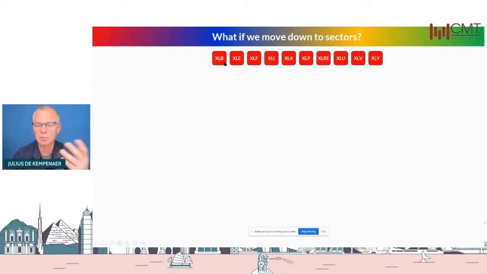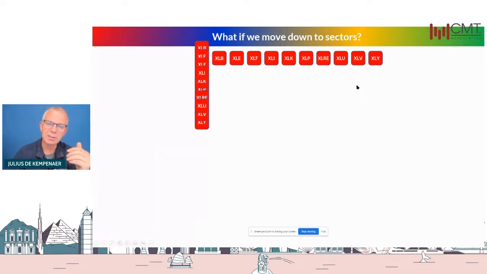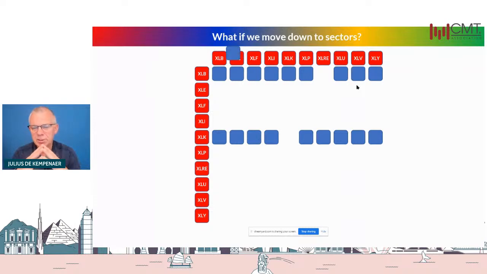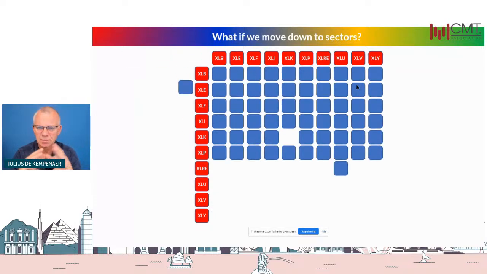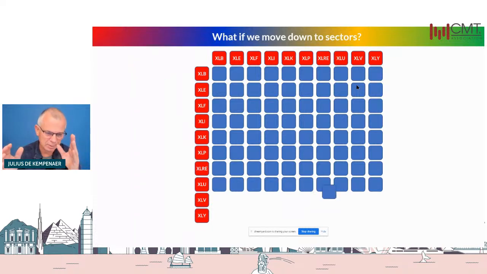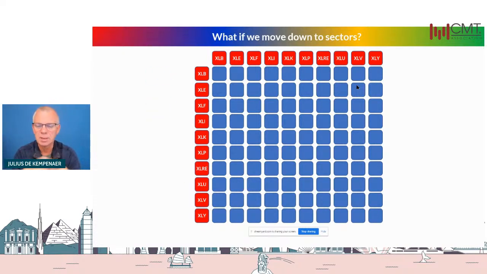So let's assume there is a 10 sector universe. 1, 2, 3, 4, 5, 6, 7, 8, 9, 10. That means that in that universe, there are 100 possible combinations. 10 across the top, 10 towards the bottom, gives me 100 possible combinations. 100 comparisons that I would need to make to completely analyze that universe.